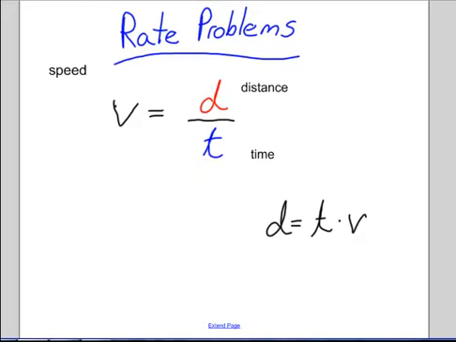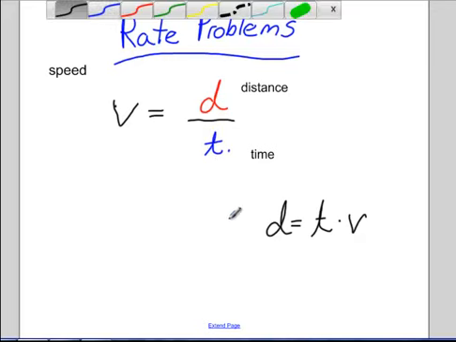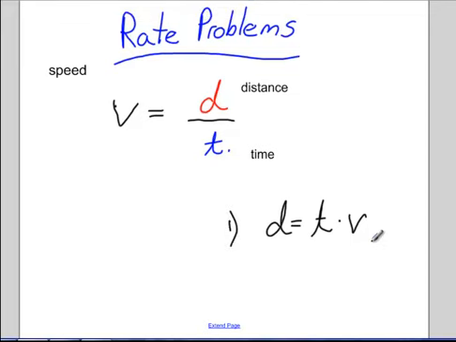Again, we got that from multiplying both sides by t. Whatever you do to one side, you have to do to the other, and these end up canceling each other out, and you're left with d is equal to t times v. So this is one optional formula, and that's if you're solving for your distance traveled.